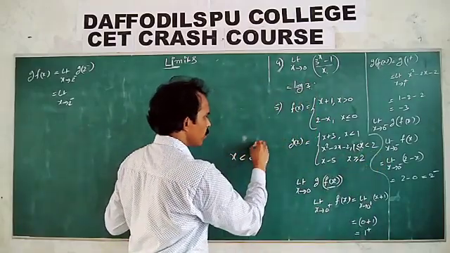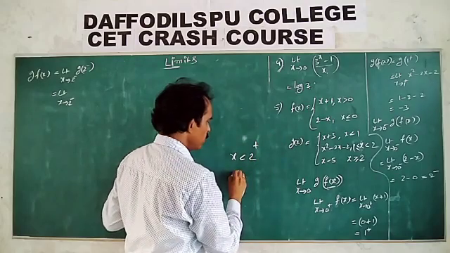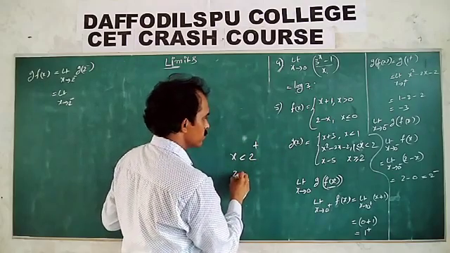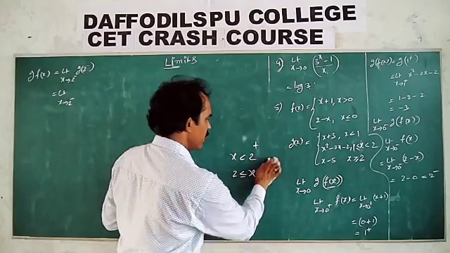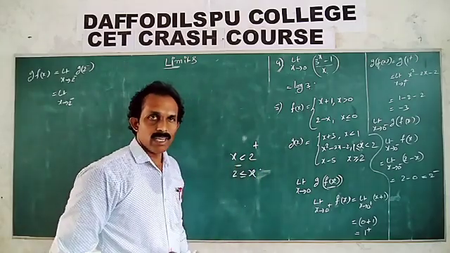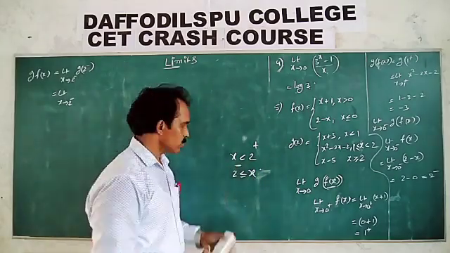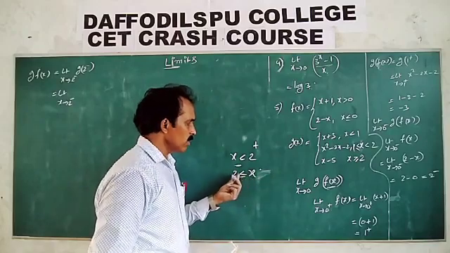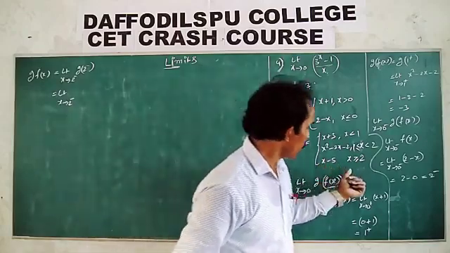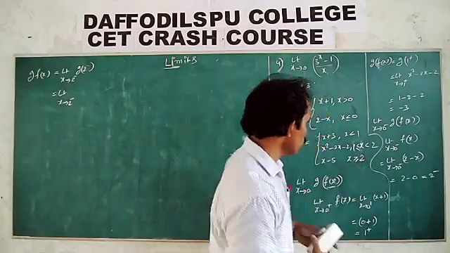This is 2 plus, and this is 2 minus, meaning x value below 2. So what is this value? 2 minus.